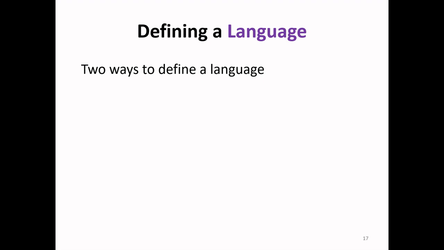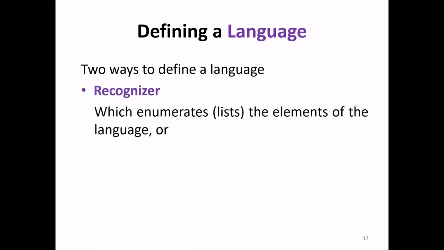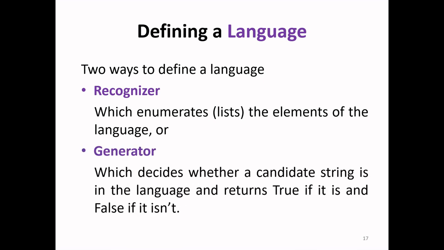There are two ways to define a language. One is the generator, which enumerates or lists the elements of the language. Or the language can be a recognizer, which decides whether a candidate string is in the language and returns true if it is in and false if it isn't.